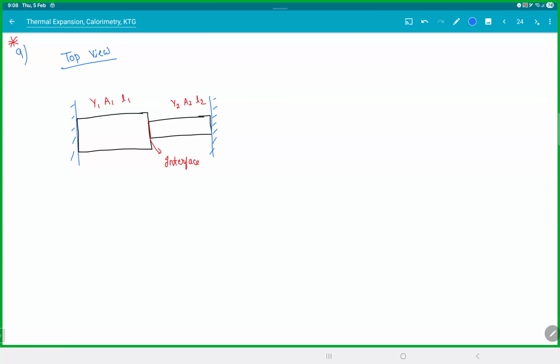Find the distance moved by the interface when temperature changes by delta T. Now both rods will try to expand and they'll push each other. Find the distance moved by the interface when temperature changes by delta T. Let's get this.